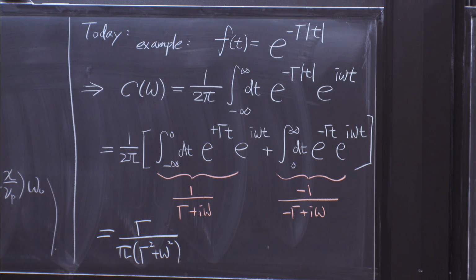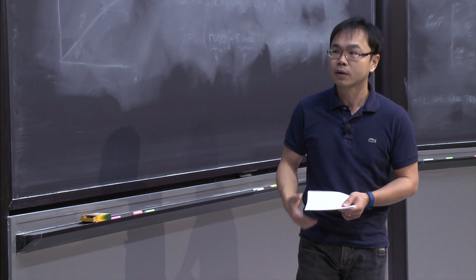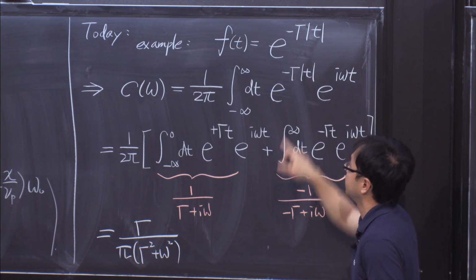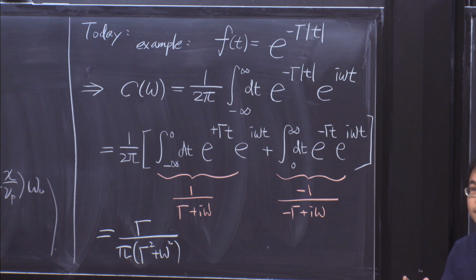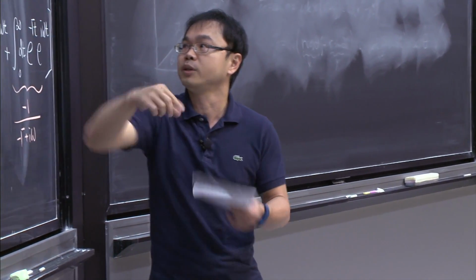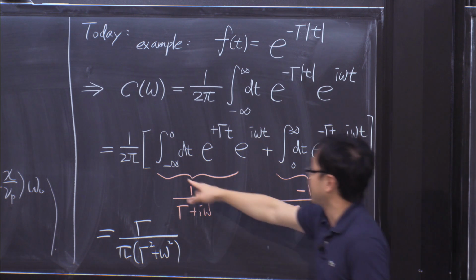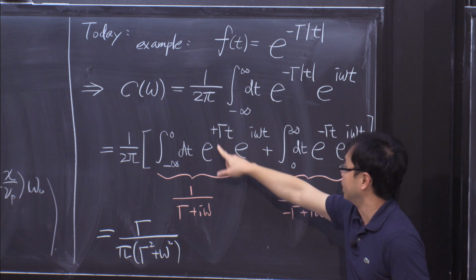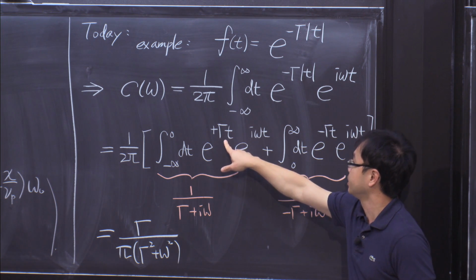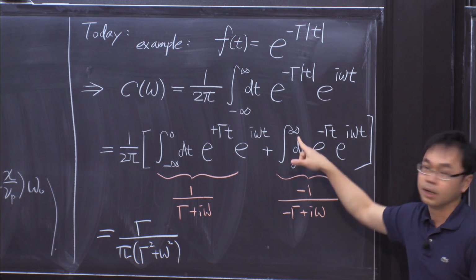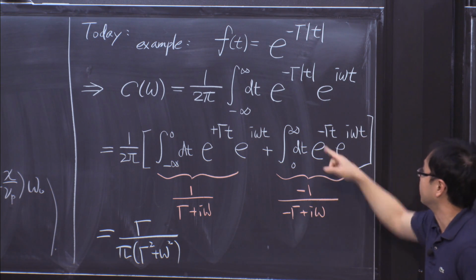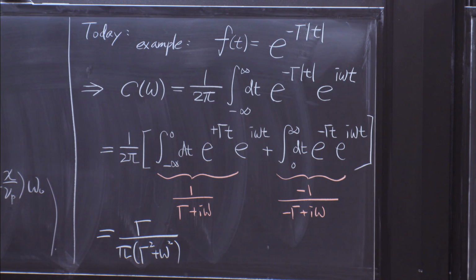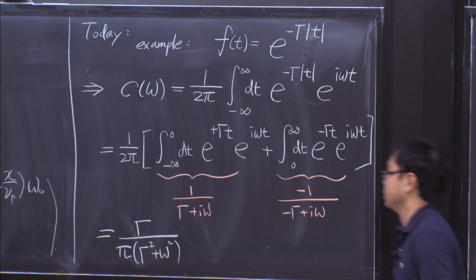That's the way we extract c omega. Since we have this absolute value here, the trick is to split the interval into two pieces. One is the negative t part, where you get exponential of plus gamma t. The other part is from 0 to infinity, where the absolute value doesn't change sign, and you have the original exponential of minus gamma times t. Then you can go ahead and do this integration.